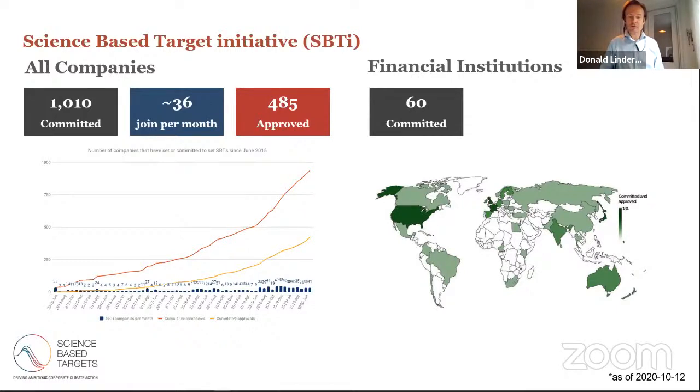None of them are obviously approved, since we just launched the framework on the 1st of October, so no one has really had time to actually go through that process just yet. But we're hoping, and we're quite confident, that we will see loads of you come through with that as well. With that, I'm going to hand over to Nate, who's going to give you a few minutes overview of the framework.